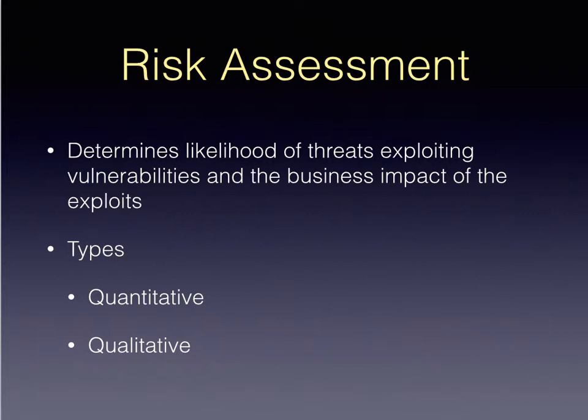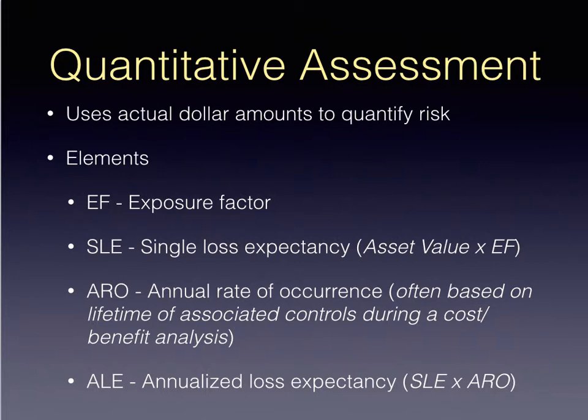And there are two types of risk assessments, quantitative and qualitative. Quantitative assessments use actual dollar amounts. Using a quantitative assessment solely is not something I've seen done very often, because it's very difficult to get the organization to sit down and put dollar amounts to every single loss that might occur.